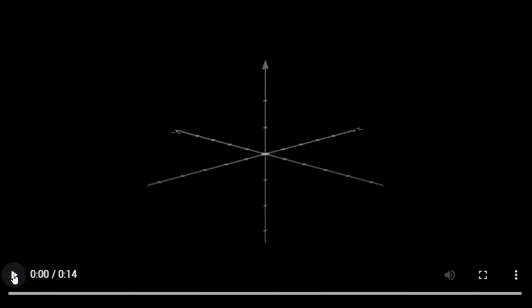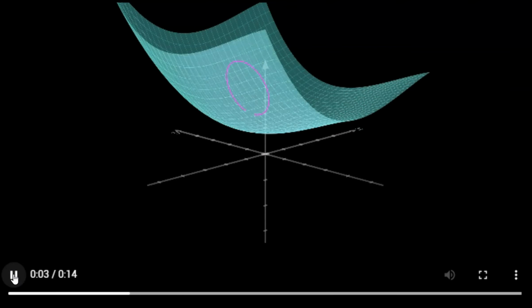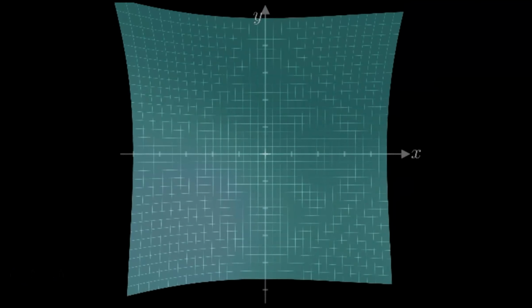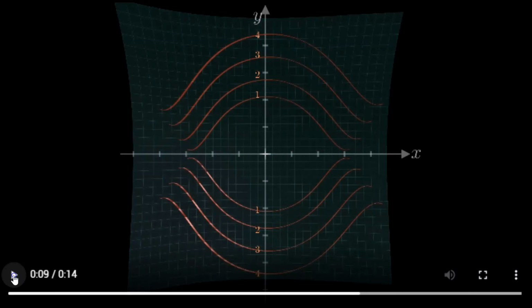Now, looking at this again with a slightly different interpretation, there's our surface. Here is the region we were interested in, where our constraint intersected our surface. Now we're looking down the z-axis, and what we see here are the level curves of our function of x and y.